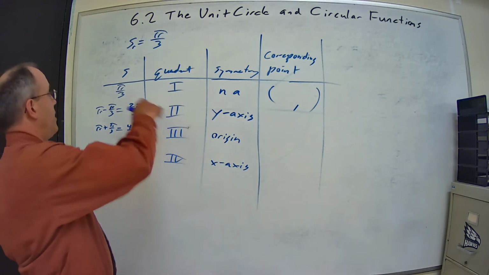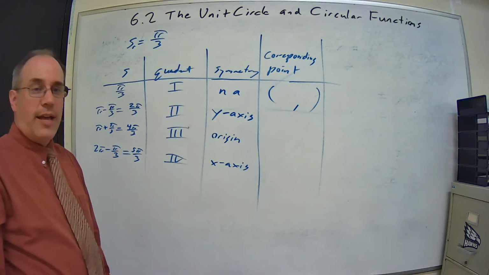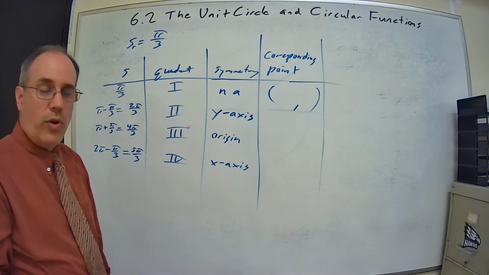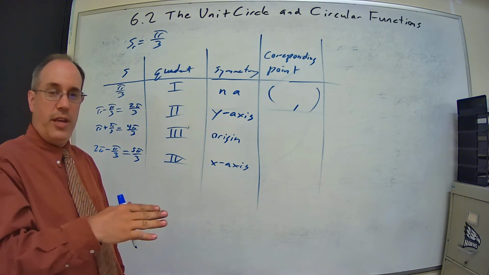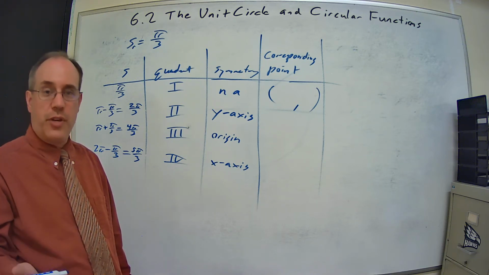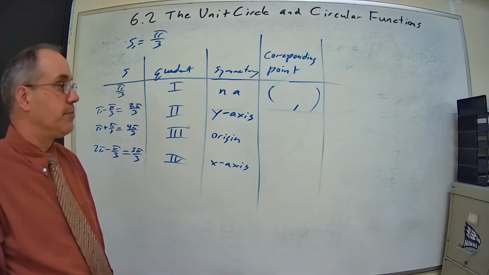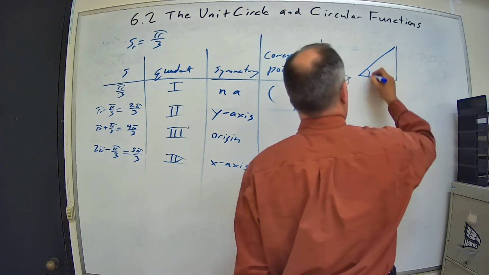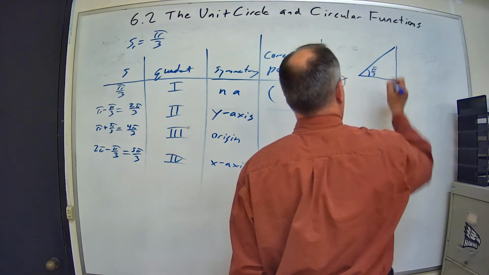So if I know my sine and cosine of pi over 3, well, what's pi over 3? Pi over 3 is the equivalent of 60 degrees. So if I look at that and go, okay, that's 60 degrees, so I'm going to go pi over 3.